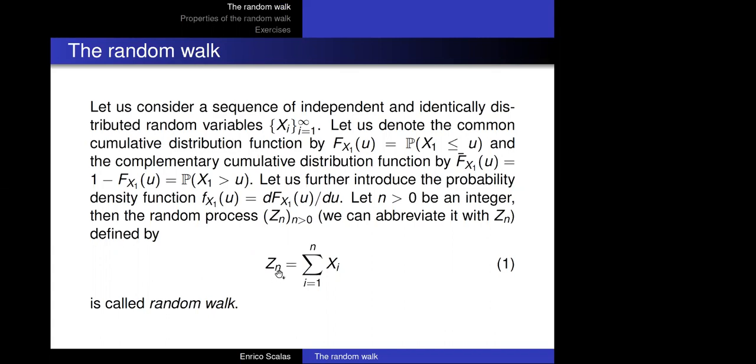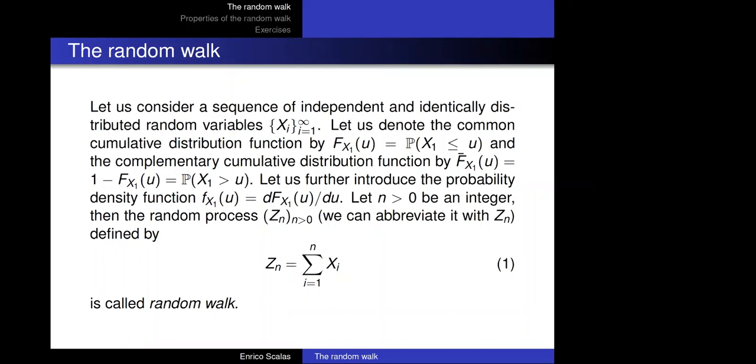On the contrary, if you fix n, this is a random variable. So it is a function of two quantities: one which I have not highlighted here, which is the omega of your probability space, and the other one, which is highlighted here, is n, the discrete time at which events are occurring.